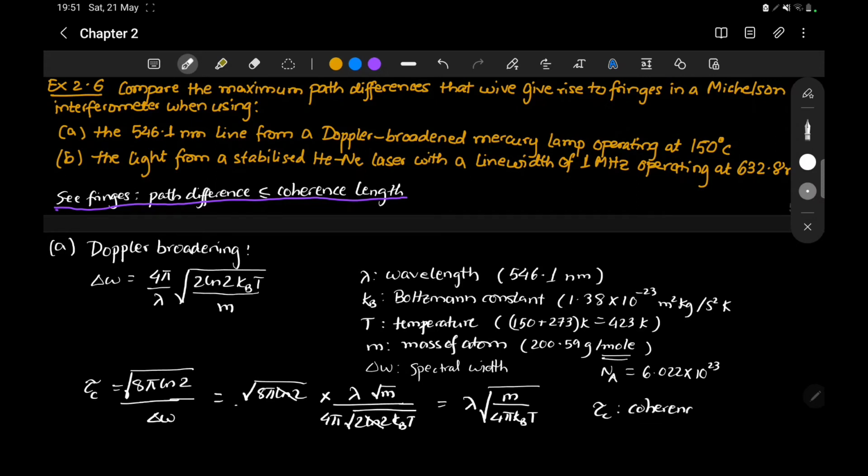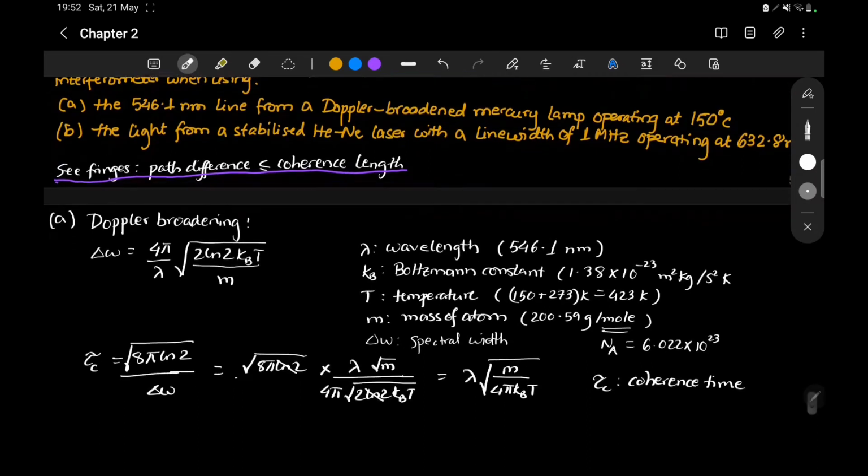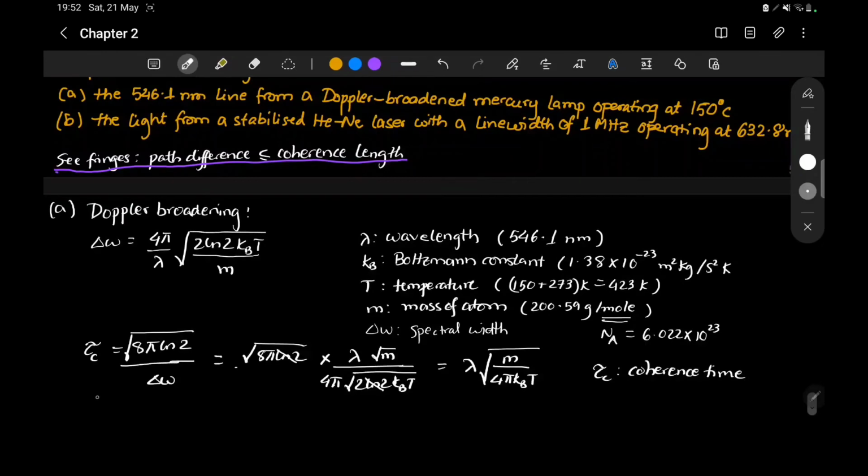From this we can find out, once we have the coherence time, the length, the path difference that would give rise to fringes. This is the question that we have. So now we can find out the coherence length. So coherence length is nothing but speed of light times the coherence time.